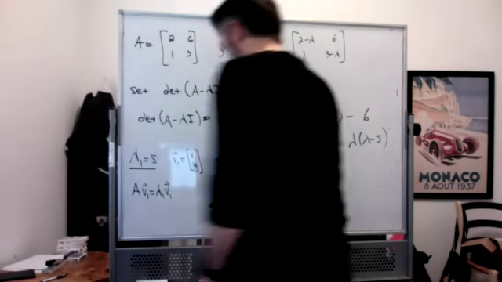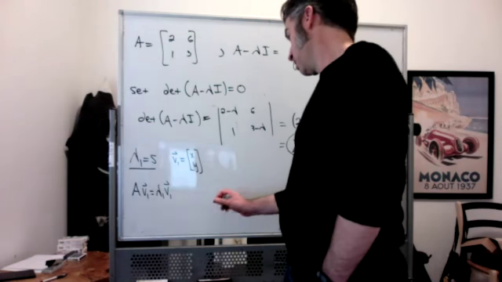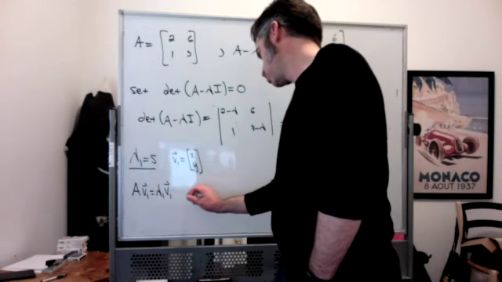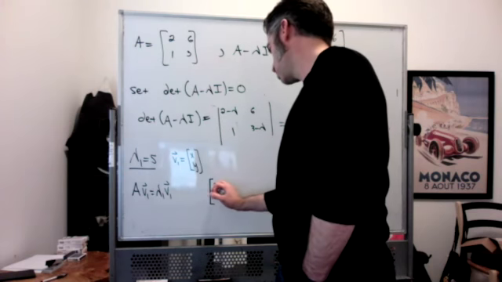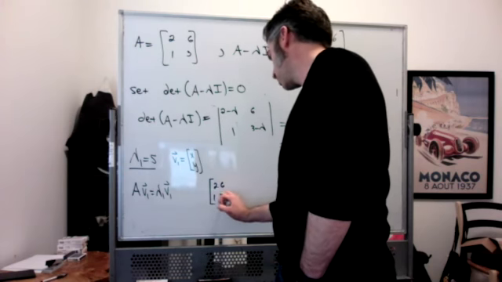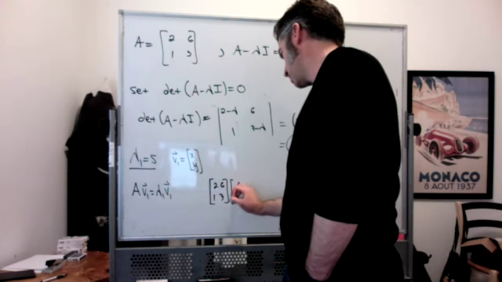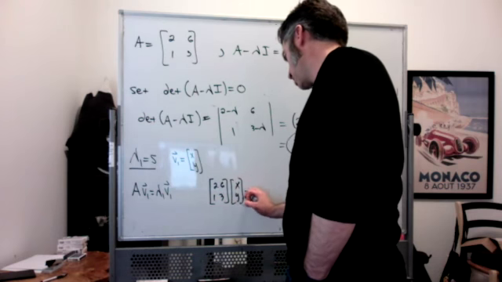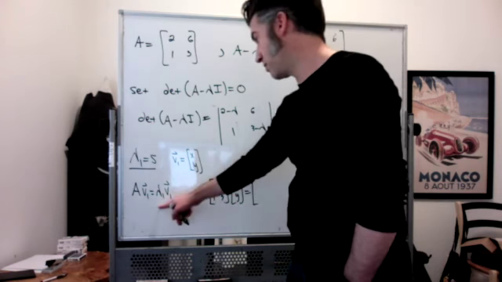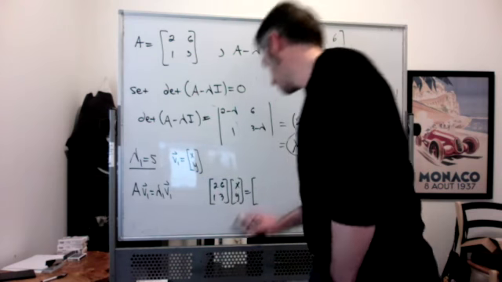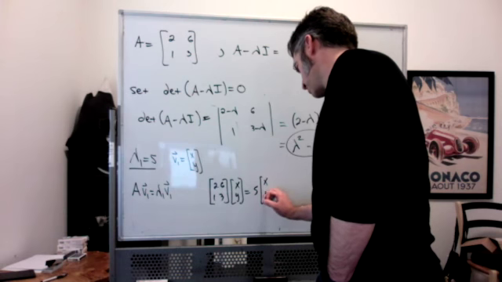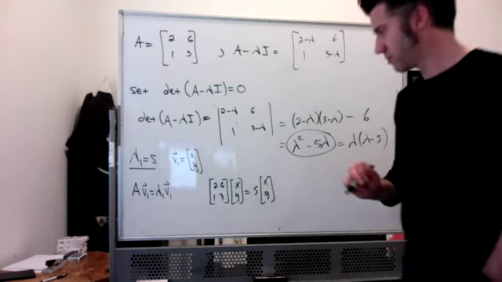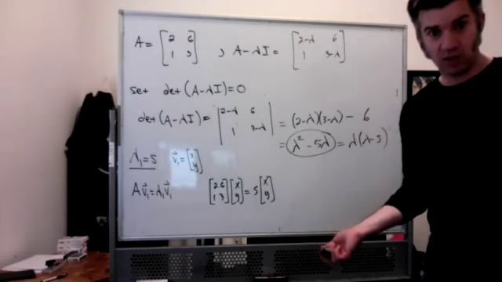So I'm going to have the matrix 2, 6, 1, 3 times x, y equal to lambda 1, which is 5, times x, y. Let me show you the short way.